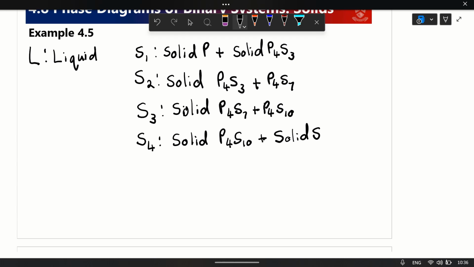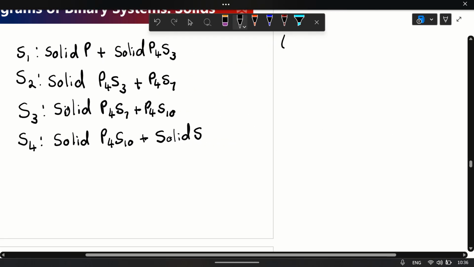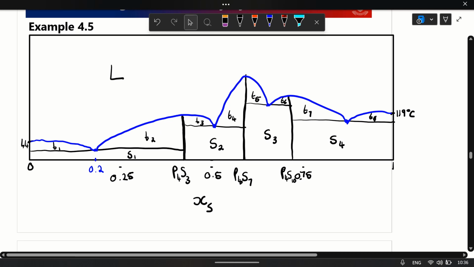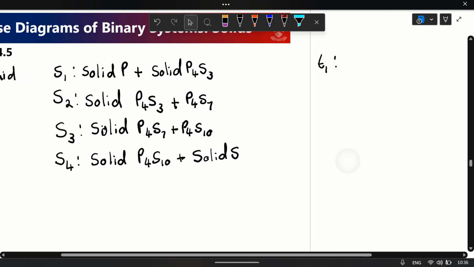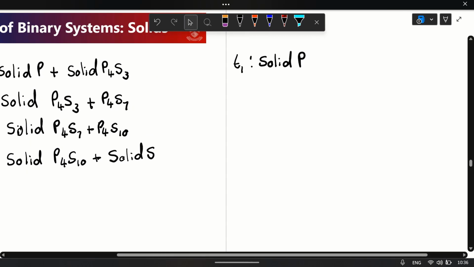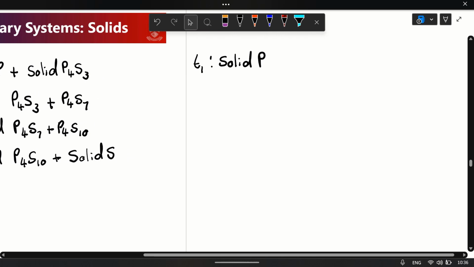Okay, and a bit more difficult regions are, of course, the T regions. So T1, let's just look where T1 is. T1 is our first solid-liquid region. So it is in our phosphorus-rich region. So we know we have solid phosphorus. There will be solid phosphorus because it's just below the melting point of phosphorus, but there's also going to be liquid.